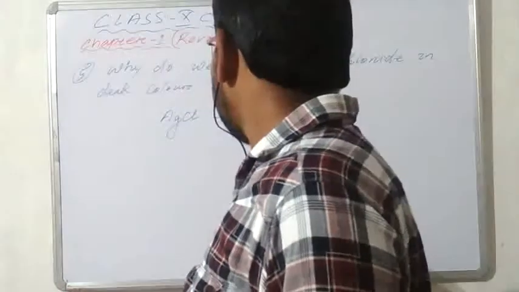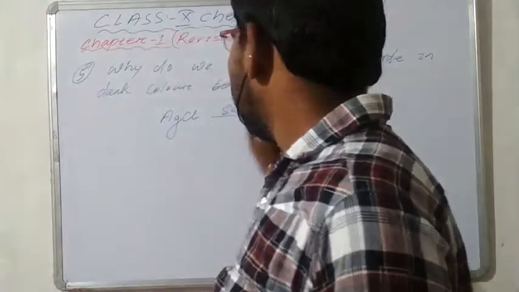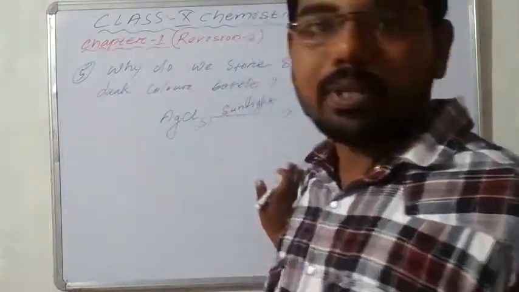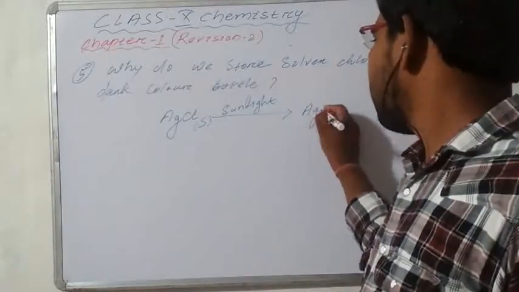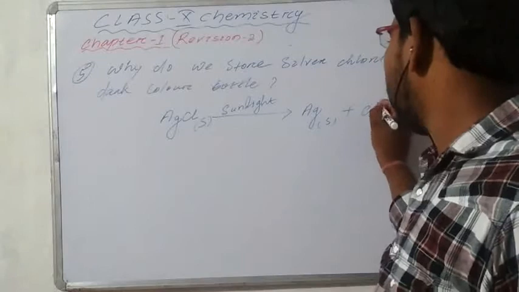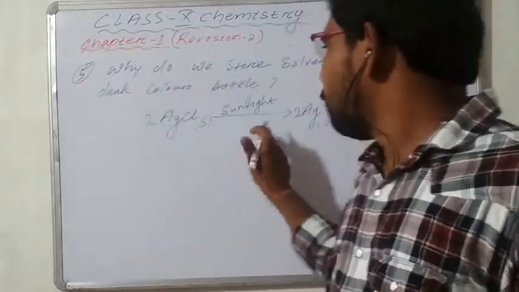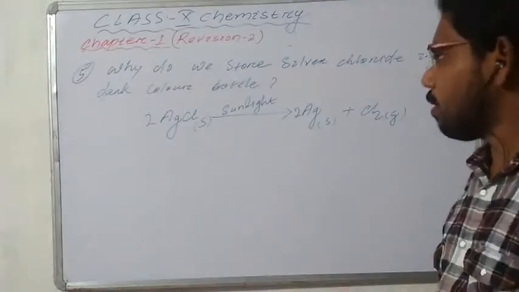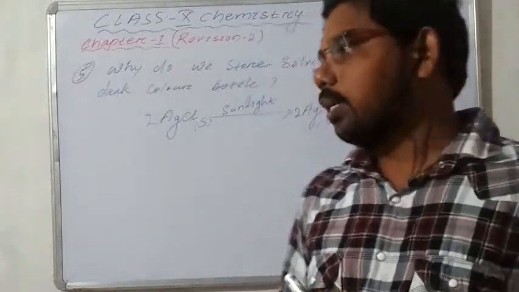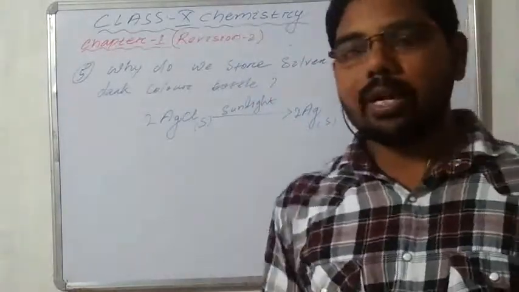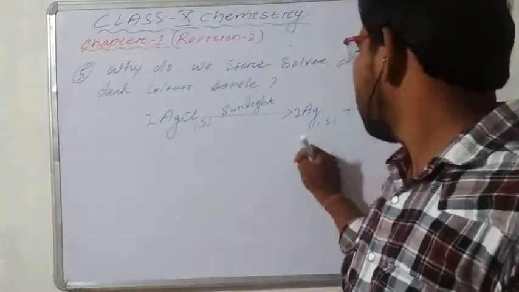These silver chlorides decompose in the presence of sunlight. Silver chloride is a solid, and it decomposes in the presence of sunlight and forms silver metal with chlorine gas, Cl2. So to prevent this reaction, we have to store it in a dark color bottle. If we keep it in a white color bottle, then the sunlight will be absorbed and the silver chloride will decompose into silver and chlorine.